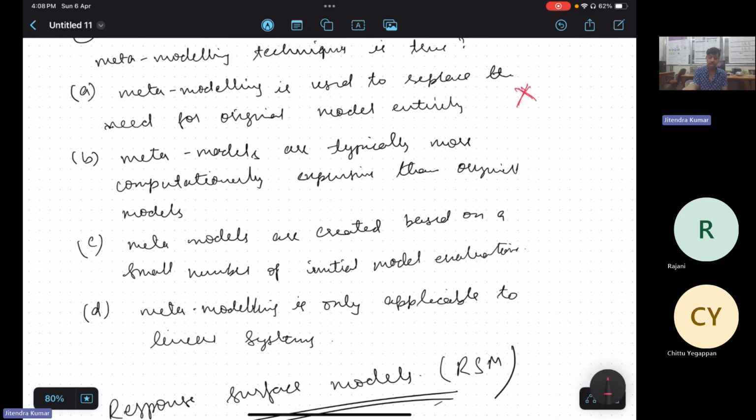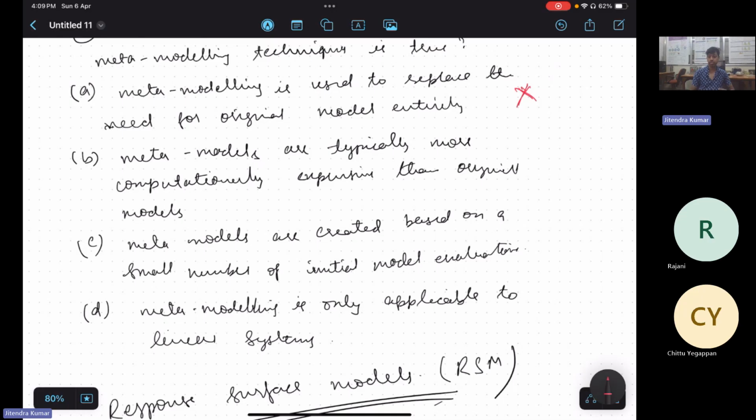Now option B is meta models are typically more computationally expensive than original models. Is it true? Expensive means what exactly it means, sir?